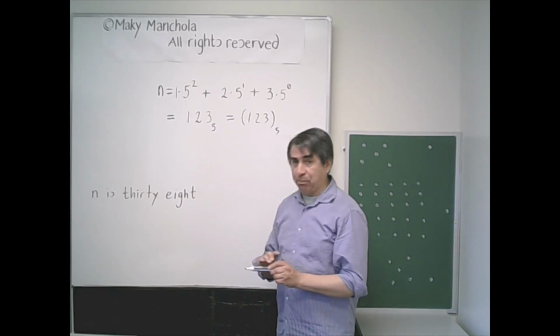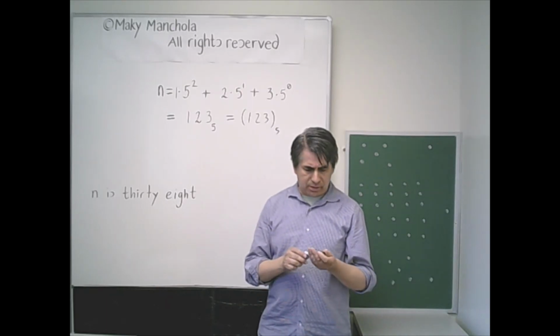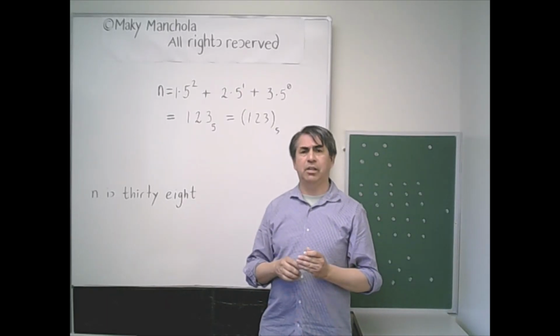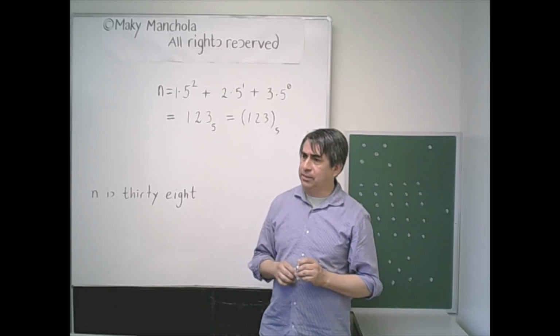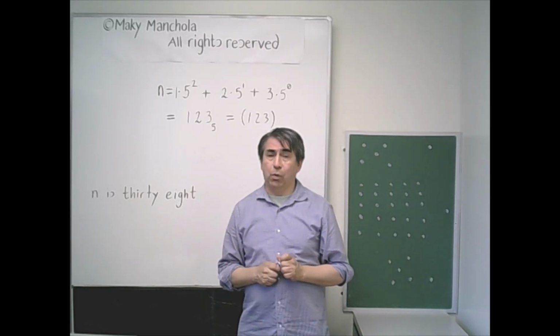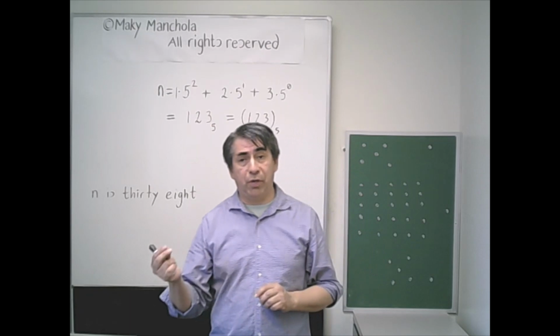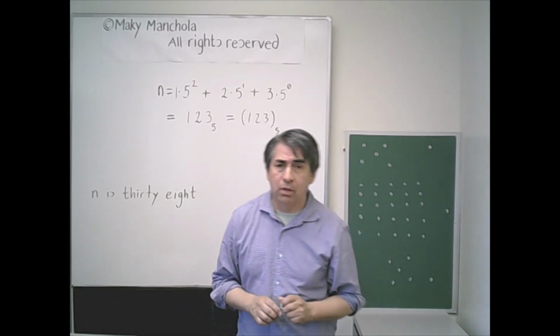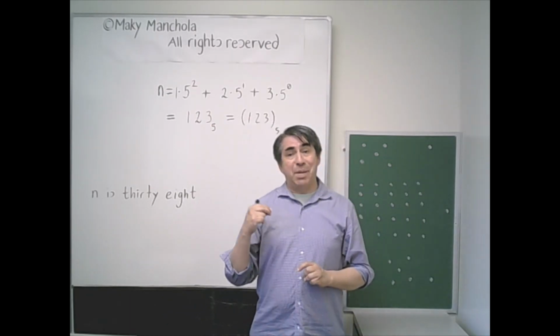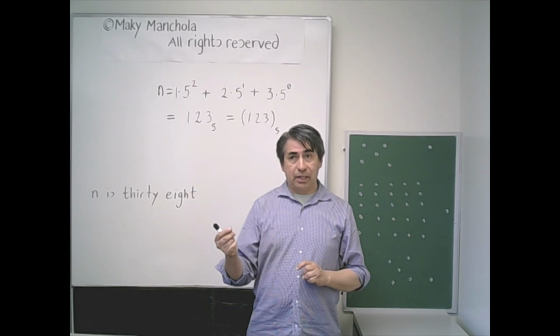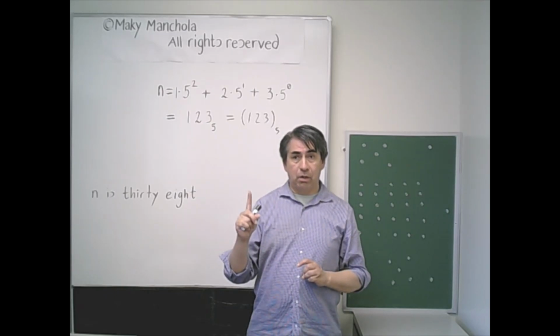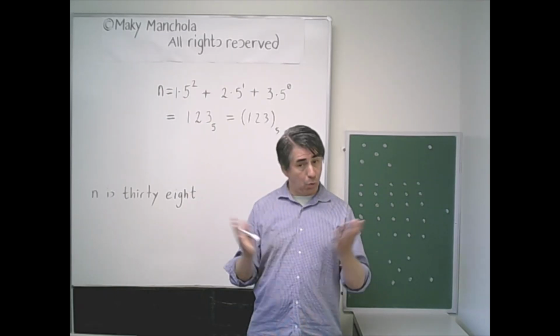Based on this example, let's define the general case. What's the general case? I will have a number n greater than 0. I will have a base b greater than 1, all whole numbers.